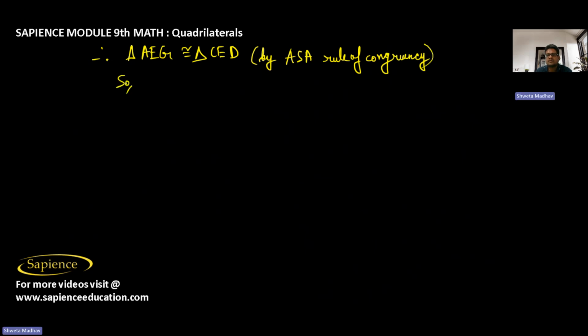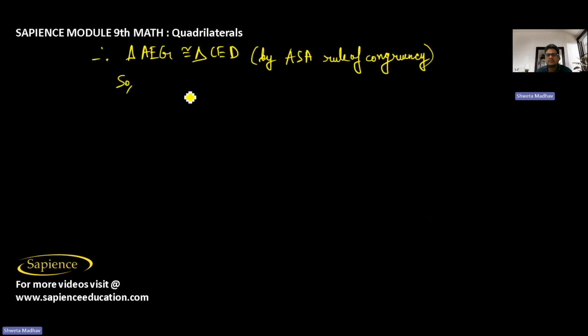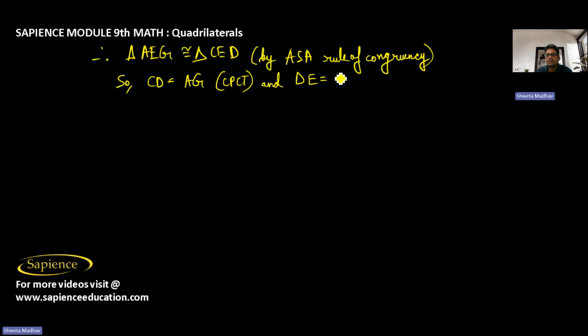So we can say that, first, CD equals AG by CPCT, and also DE is equal to EG by CPCT.